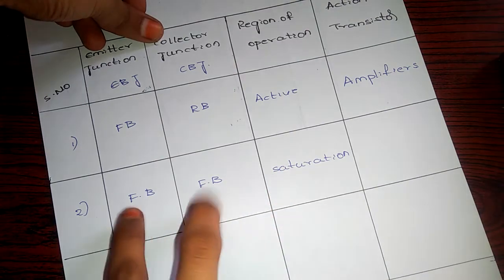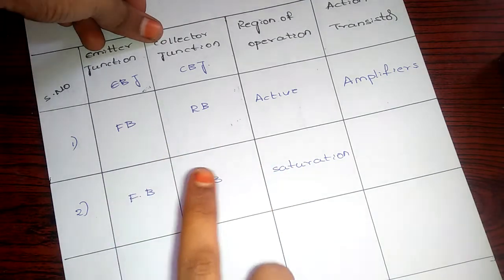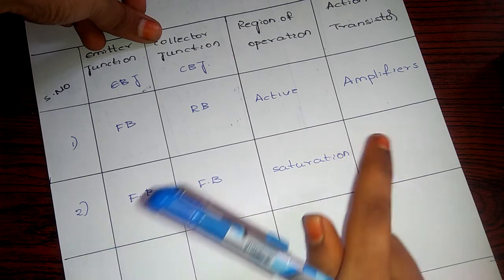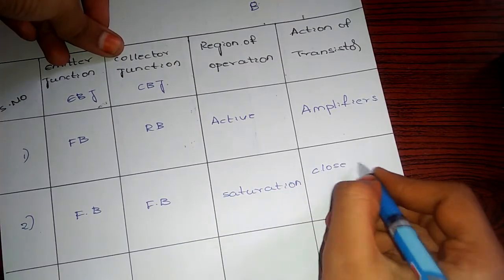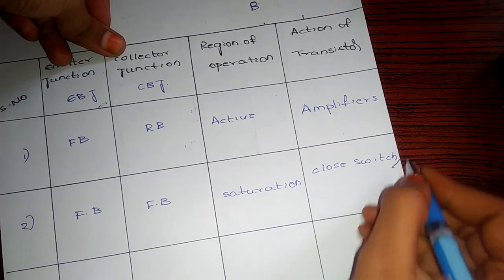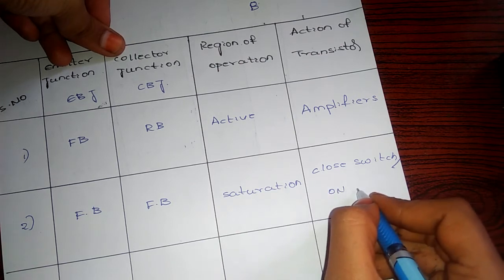As both are forward biased, a major current is flowing through saturation, and it acts as a closed switch, meaning an on switch. Why an on switch? Because a large current is flowing in this type of biasing.